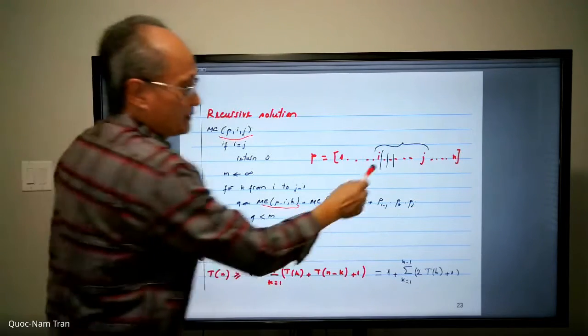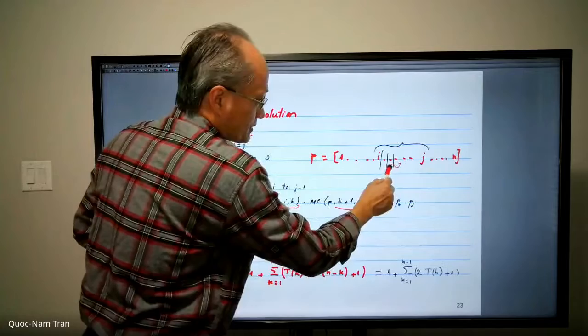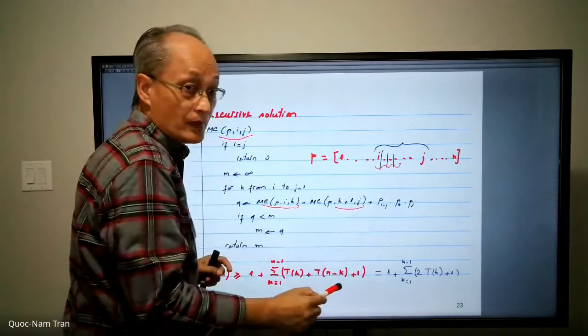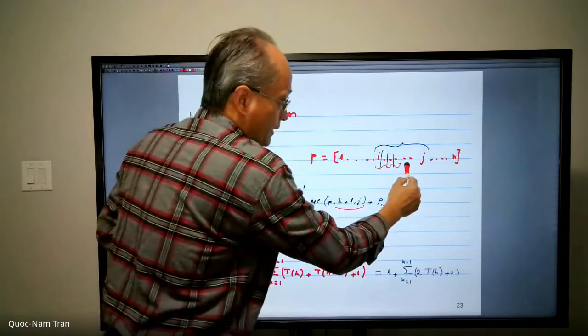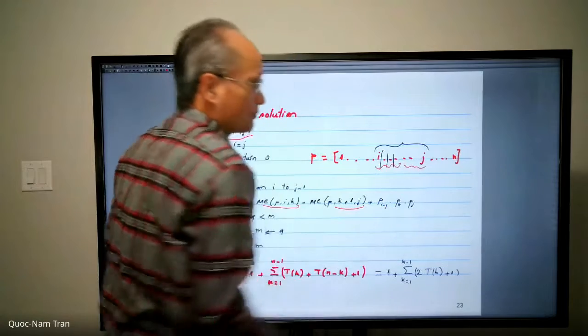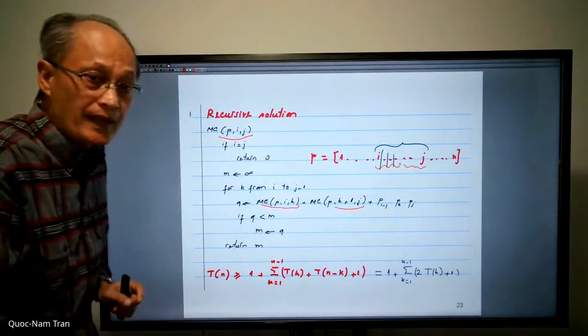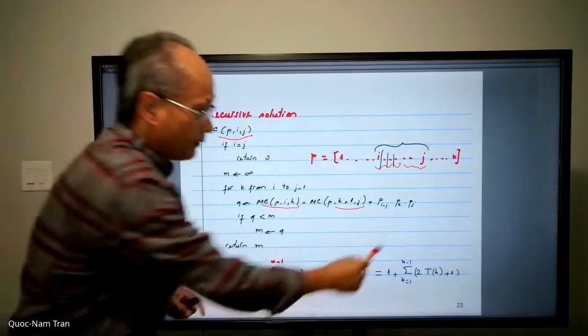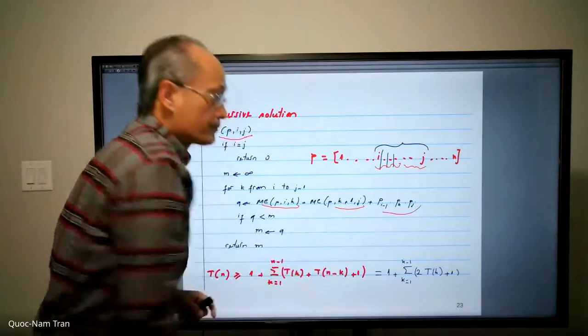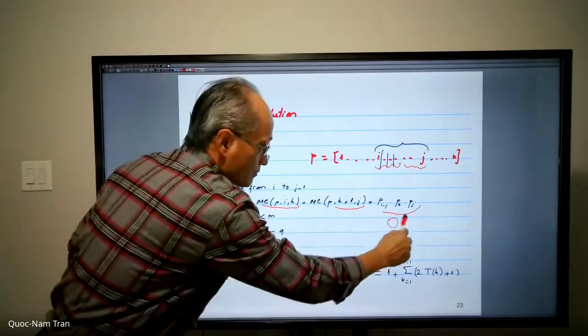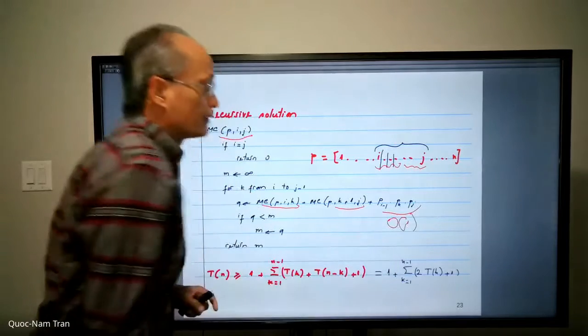Meaning that we multiply the matrix we have from the left subsequence and the matrix we have from the right subsequence together, which is where we have this number. But this one is just big O of 1, right?